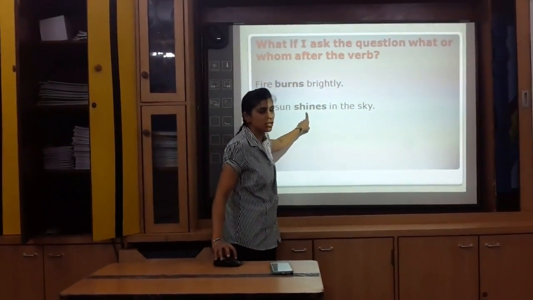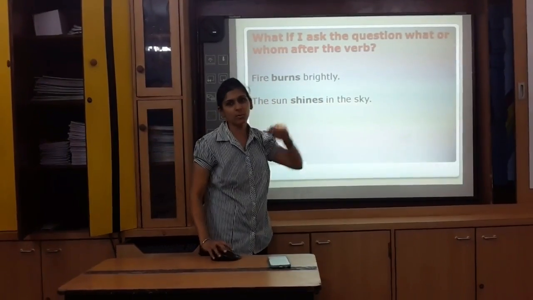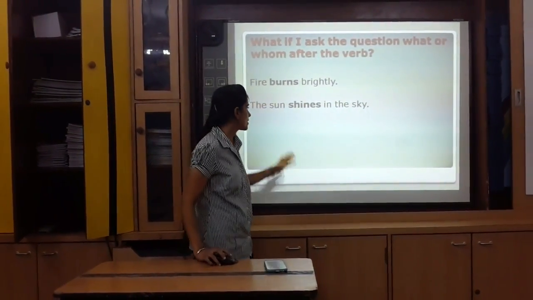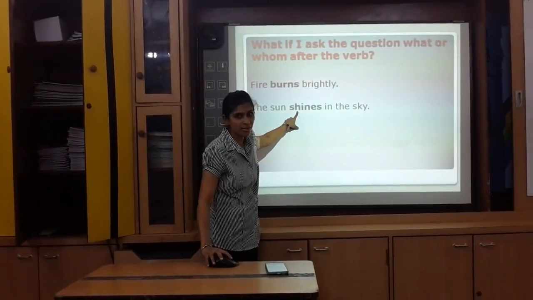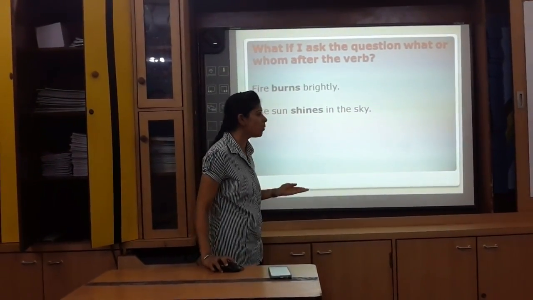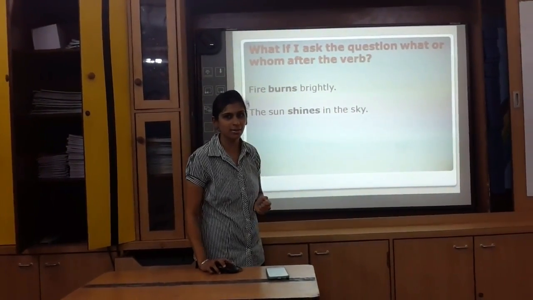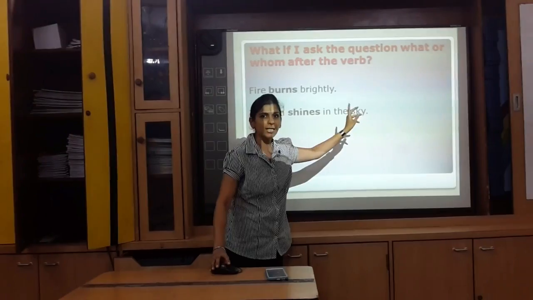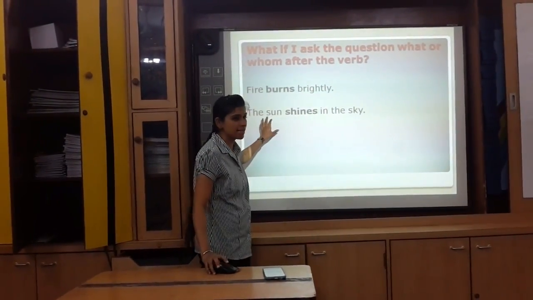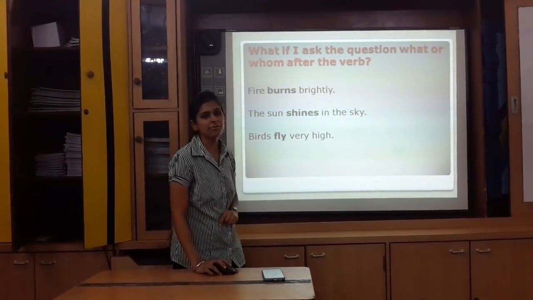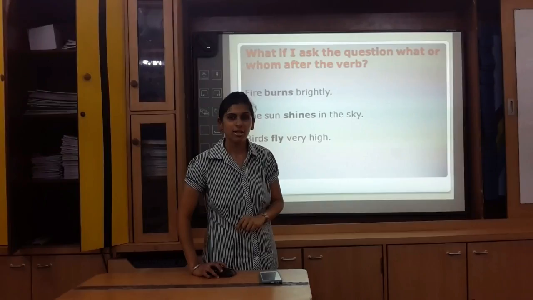The next one is: the sun shines in the sky. Here the verb is shines. So let us ask the question what or whom after the verb. The sun shines what? There is no answer. The sun shines whom? Still there is no answer. That means the phrase in the sky is only adding meaning to this sentence. Let's take another example. Birds fly very high.